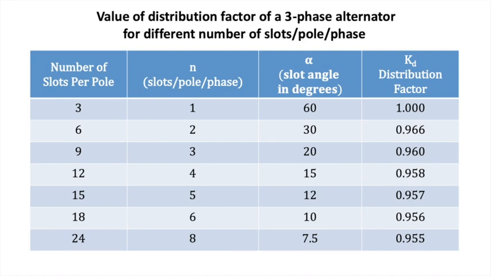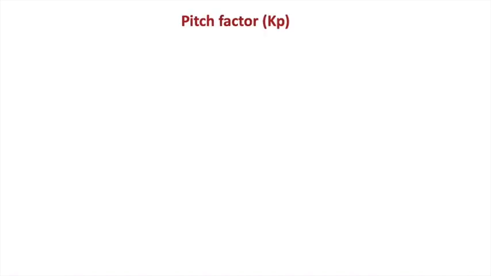So divided by 3, you will get the value of N. Alpha will be calculated accordingly. So the phase spread will be 60, 30, 20. And the distribution factor, you can see it will go on reducing. But later on, when we distribute it for a large number of slots, the variation is not much. It is around 0.955, 0.956, 0.957 and so on.